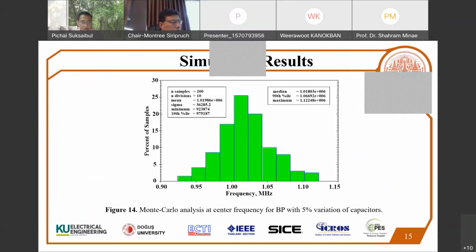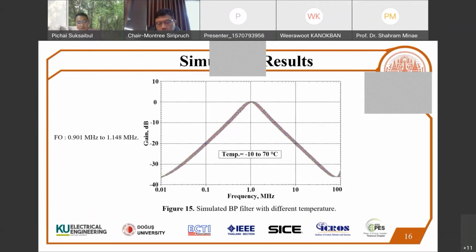It shows the derived histogram of frequency, where the standard deviation of frequency was 36.285 kilohertz, and the minimal and maximal values of frequency were 0.923 megahertz and 1.122 megahertz respectively.